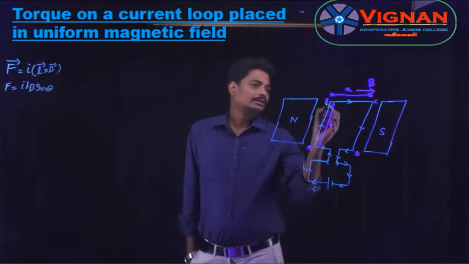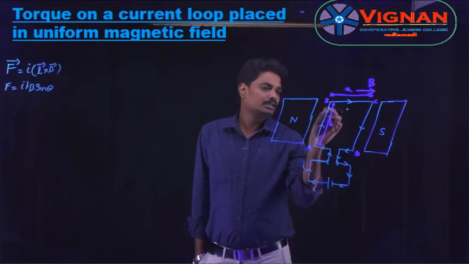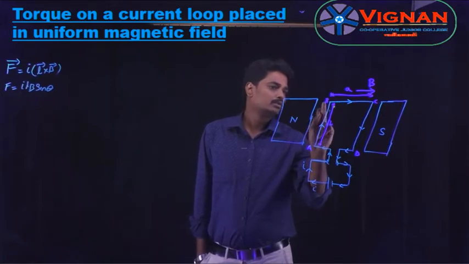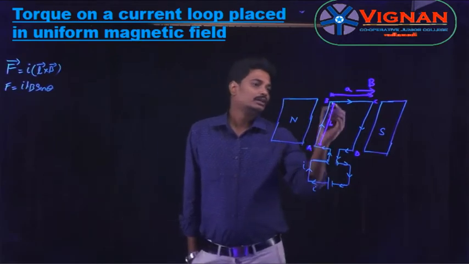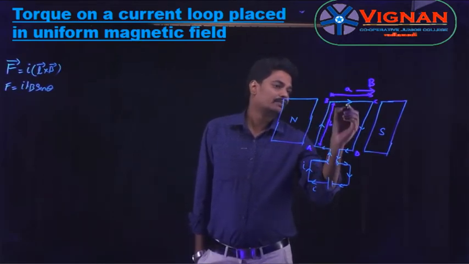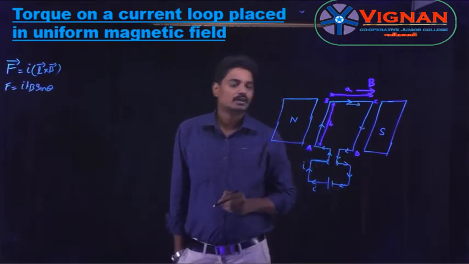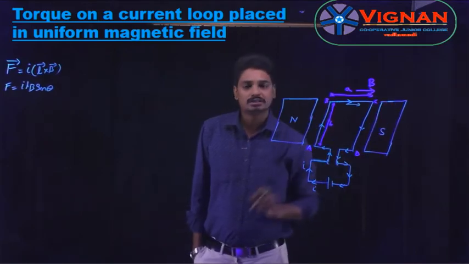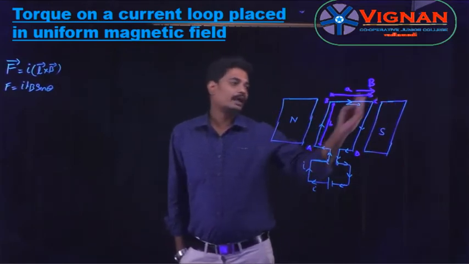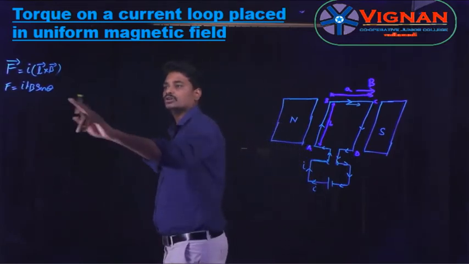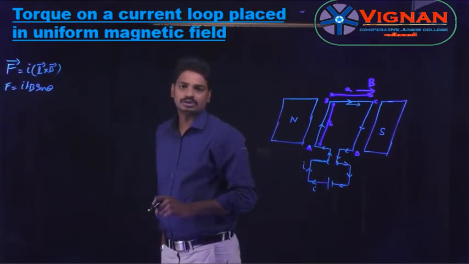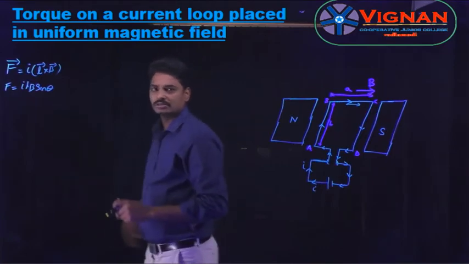Here we need to calculate initially the force acting on the wires BC and AD. For BC, the length vector is in this direction and the magnetic field is also in the same direction. As the magnetic field and the length vector are in the same direction, the angle is 0, and sin 0 is 0.